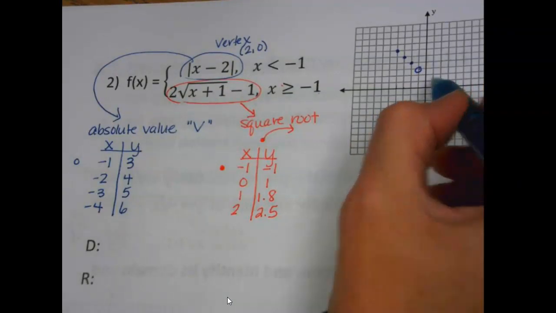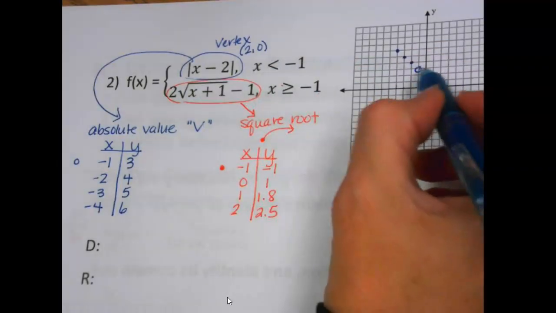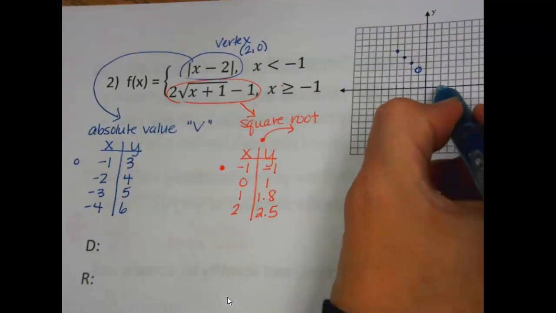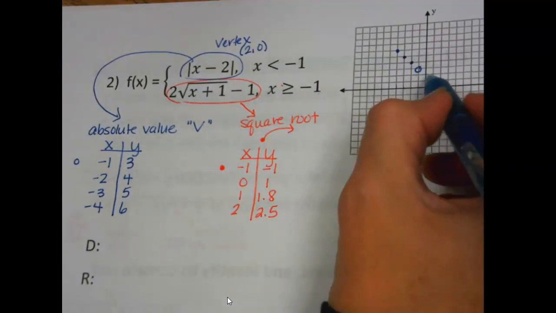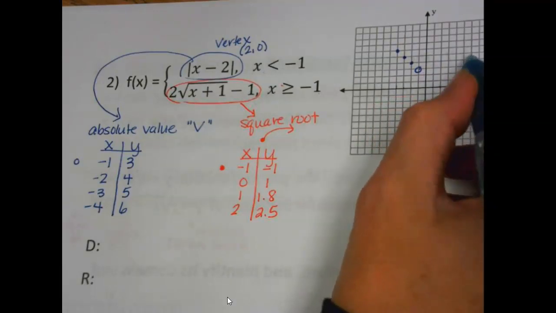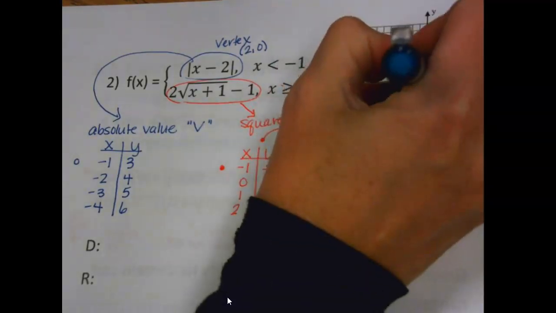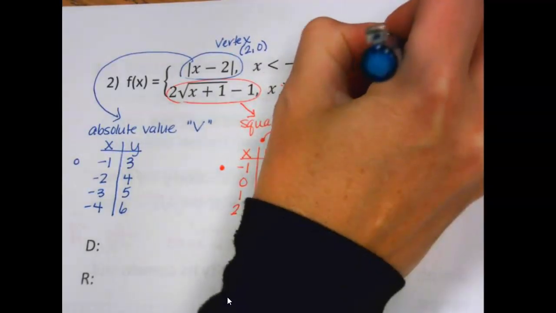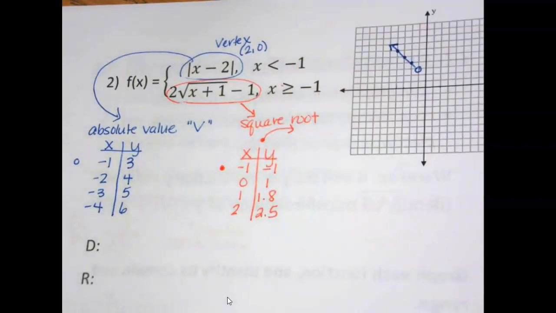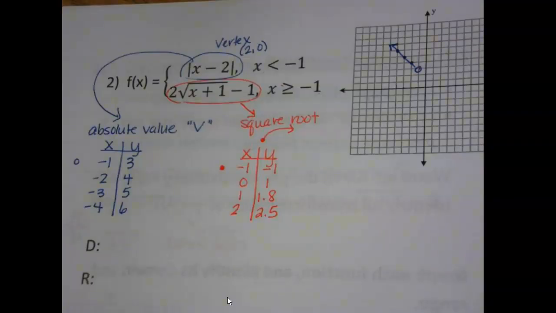But because of this domain, it starts way over here. So this vertex would have been where the other part of the V was. So you can kind of see how we're not getting the full V shape on this one that we should. So all we get on this one is just this ray that's continuing. So it doesn't really look like a V at all.